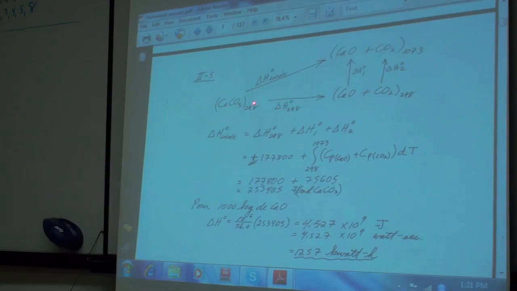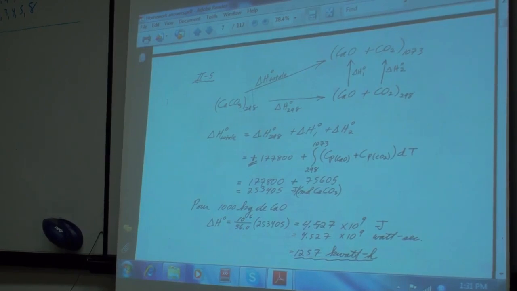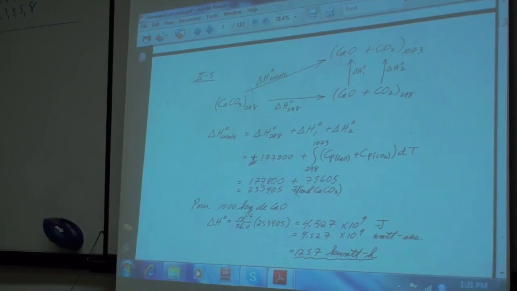So what happens is there's a delta H 298, and then there's the delta H to heat the products. Now, you can consider this a hypothetical path, because in reality you throw the limestone into the furnace at 298, and it doesn't all react immediately at 298. What happens is it decomposes as it's being heated, going up to 800 degrees.